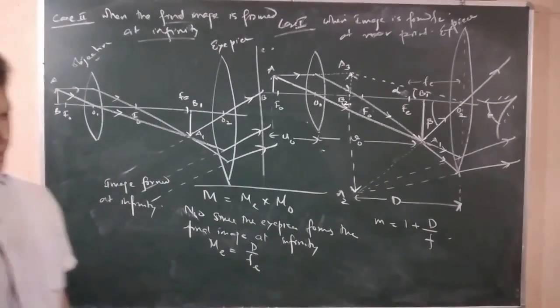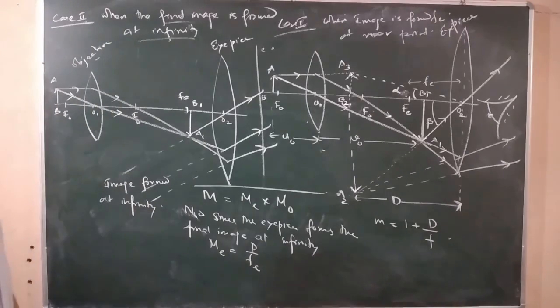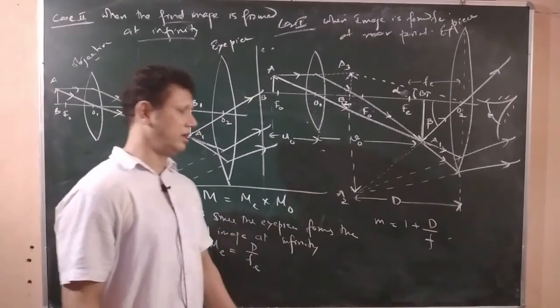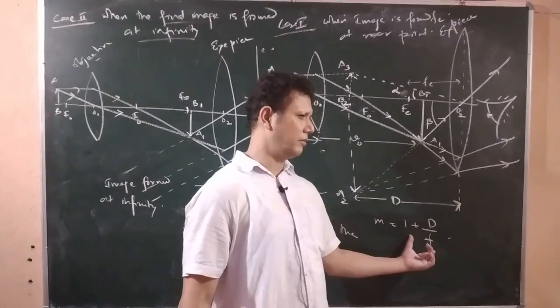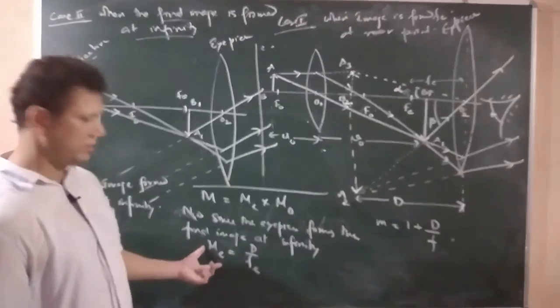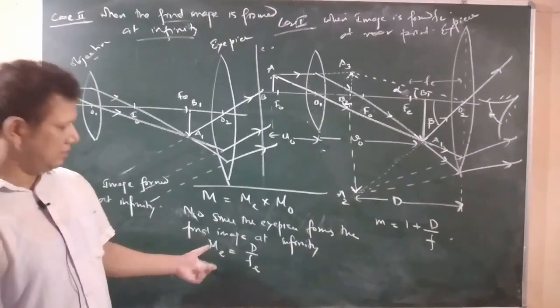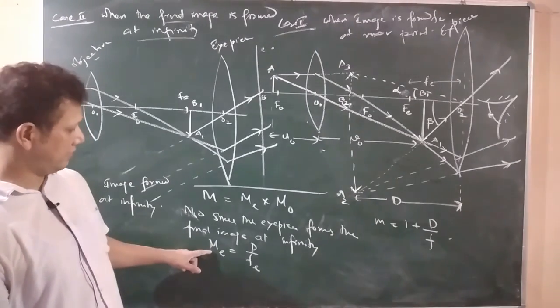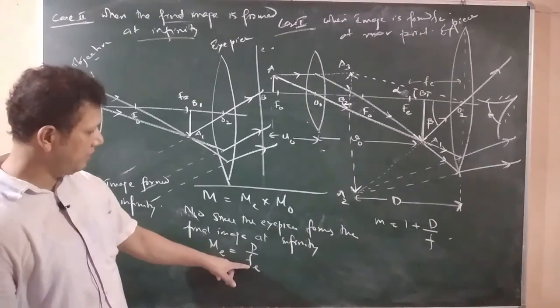Do you remember this formula? In the simple microscope, the magnifying power formula at the near point was different; when the image is formed at infinity, the formula of magnifying power is this one, m is equal to d by fe.